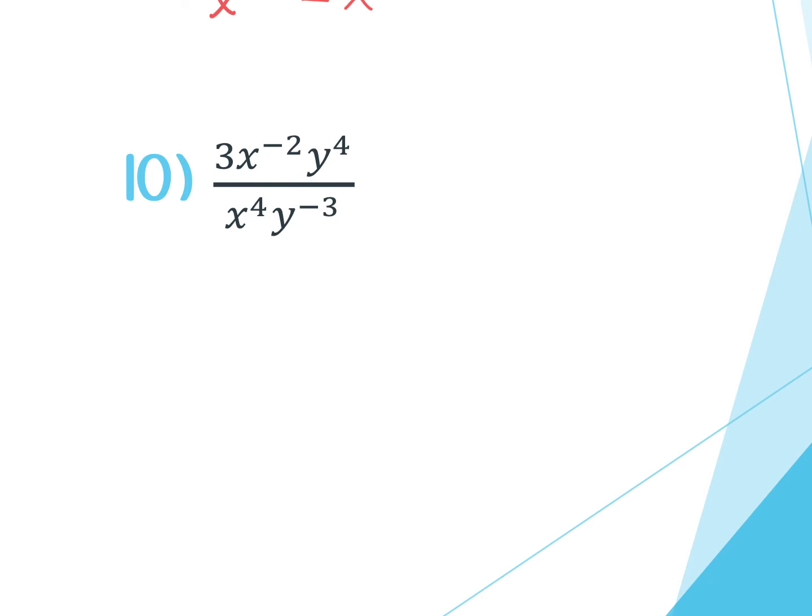So what I'm going to do the first time is move the x to the negative 2 power down, and move y to the negative 3 power up. I'm switching the spot to make it positive. So the 3 is already there, and then I'm going to keep the y to the 4th, but then I'm also moving up the y to the 3rd.